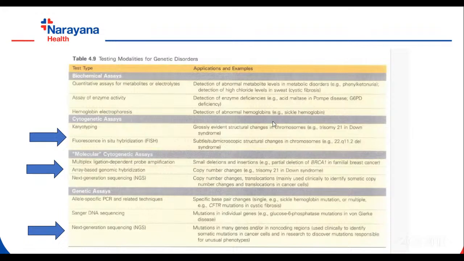Because of these tests, the TAT, initially it was months, but now it has come down. Now a whole exome sequence report you can get in a month's time or at most 6 weeks.